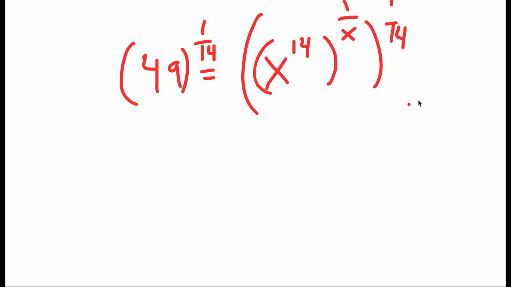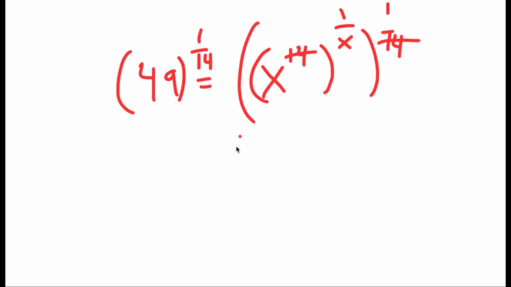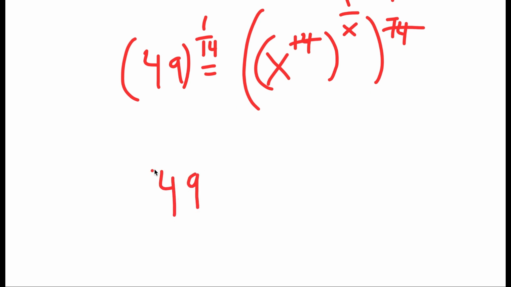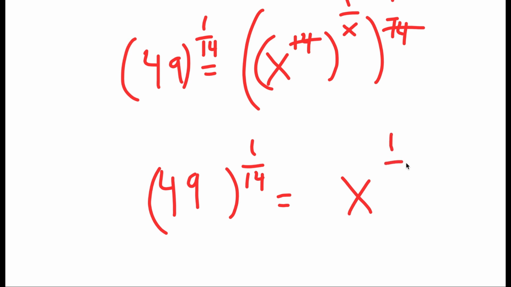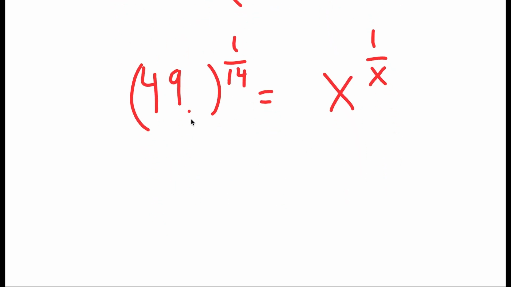So now, these two are going to cancel out, and I'm left with 49 to the power of 1 over 14 is equal to x to the power of 1 over x. And 49 I can rewrite as 7 squared.